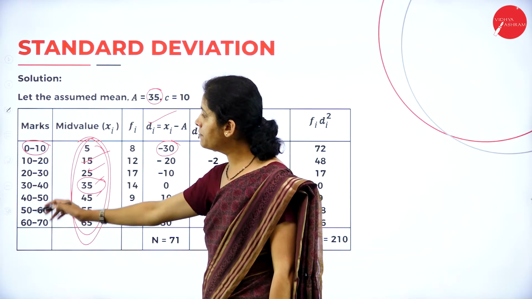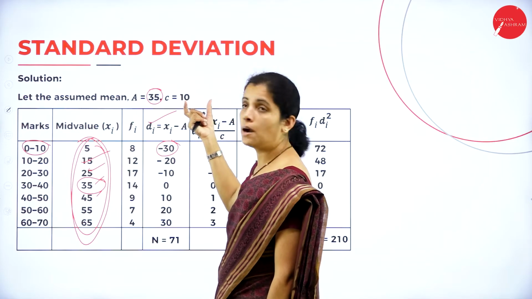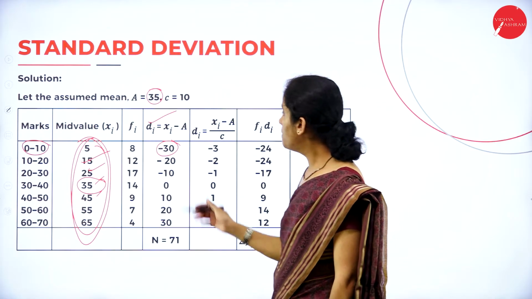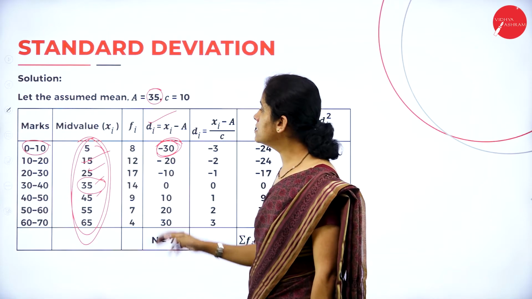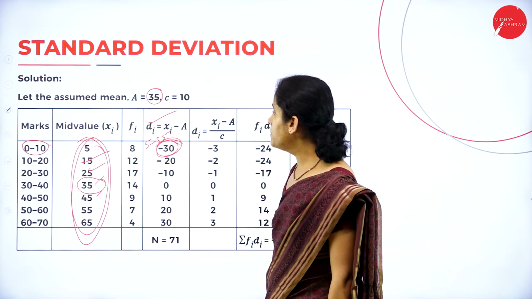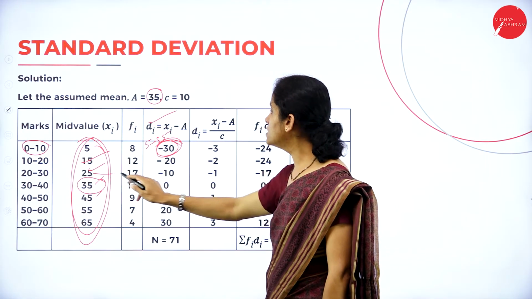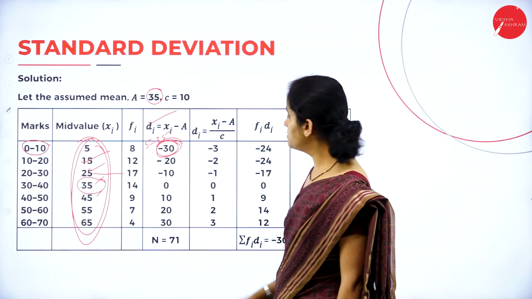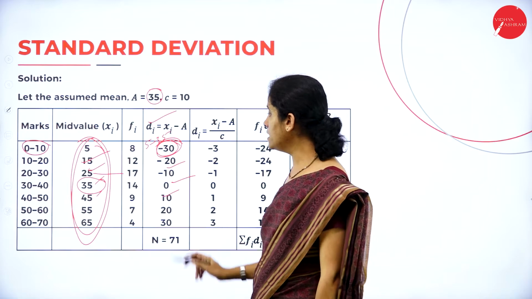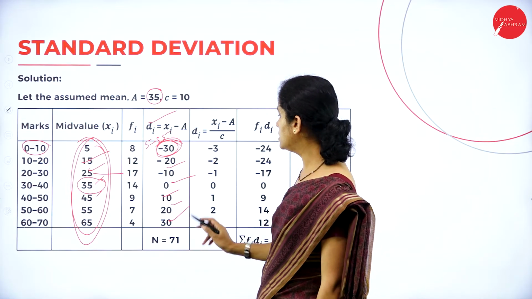If I consider the class range, it is going to be a multiple of the number 10, so c is 10. Then 5 minus 35 is minus 30. 15 minus 35 is minus 20. 25 minus 35 is minus 10. 35 minus 35 is 0. 45 minus 35 is 10. 55 minus 35 is 20, and 65 minus 35 is 30.